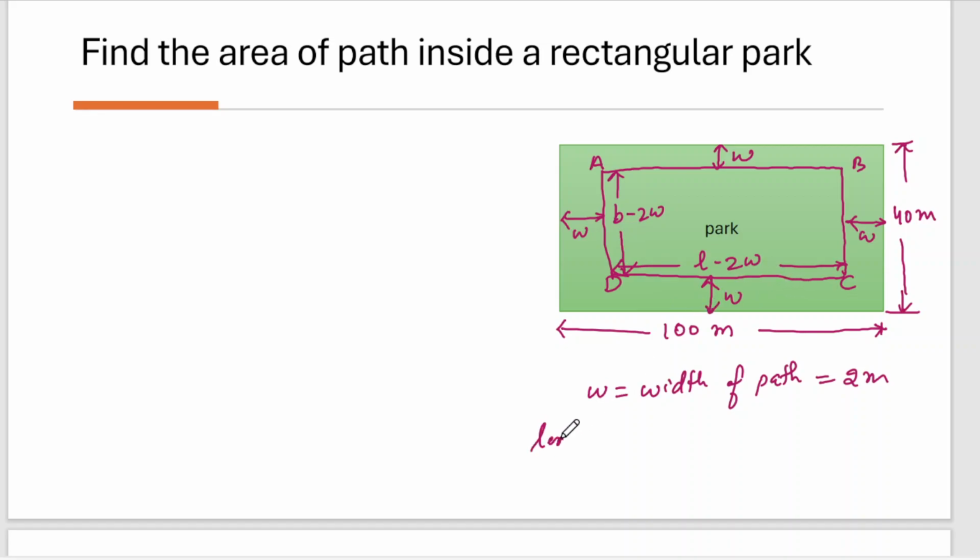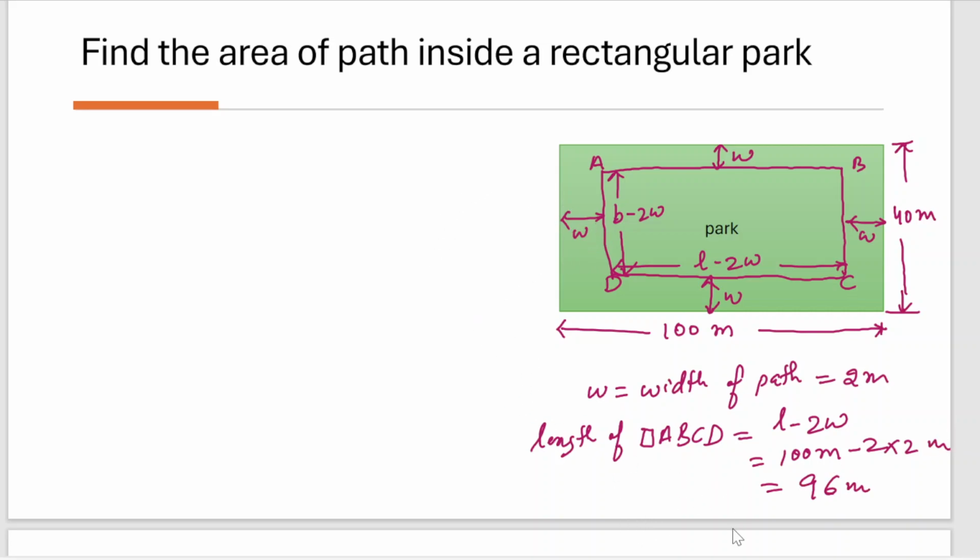Length of rectangle ABCD equals L minus 2W. What is L? L is our 100 meter, minus what is W? It is 2 meter. So 2 into 2. We have got the value of W. Now it is 96 meter. Okay.